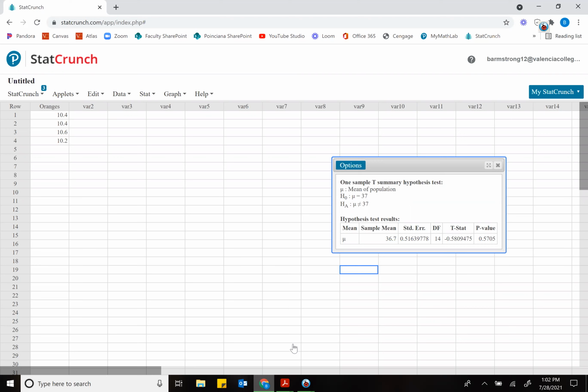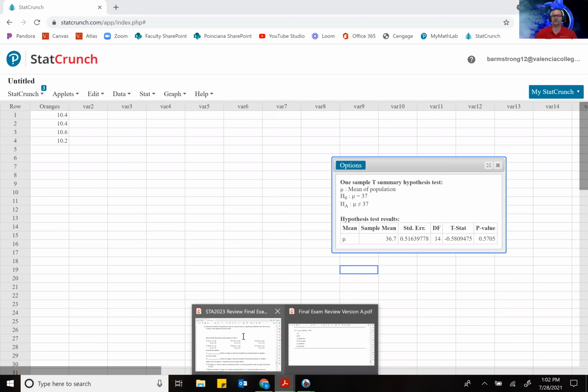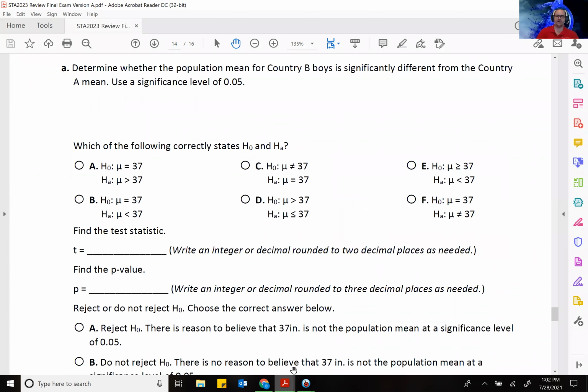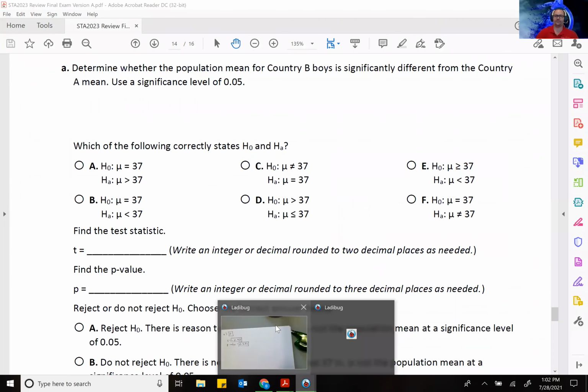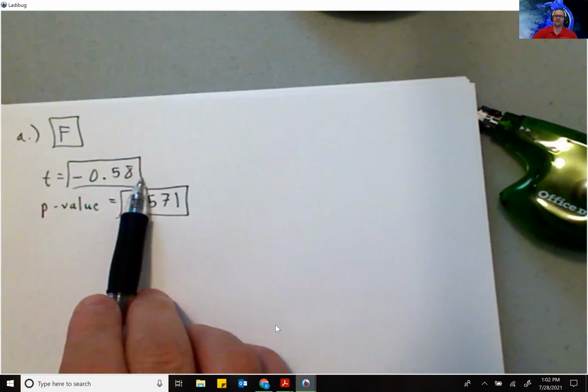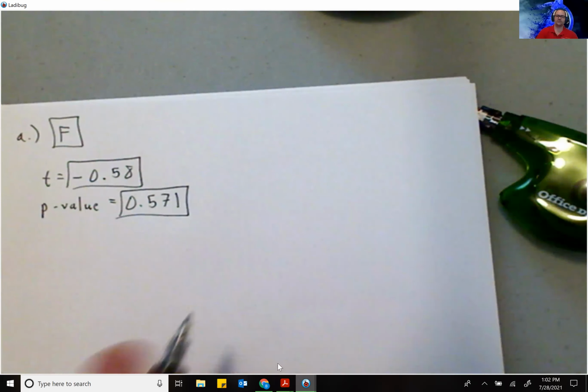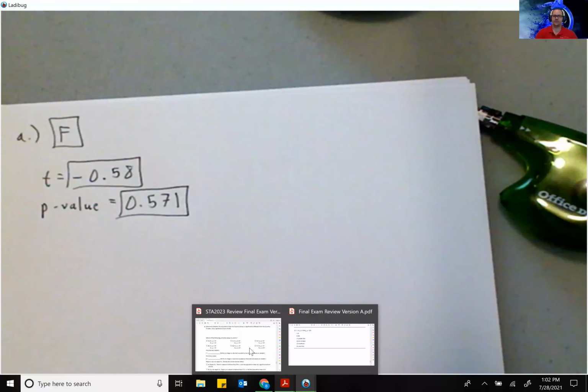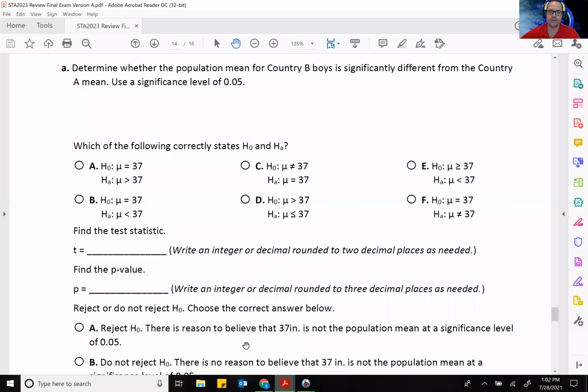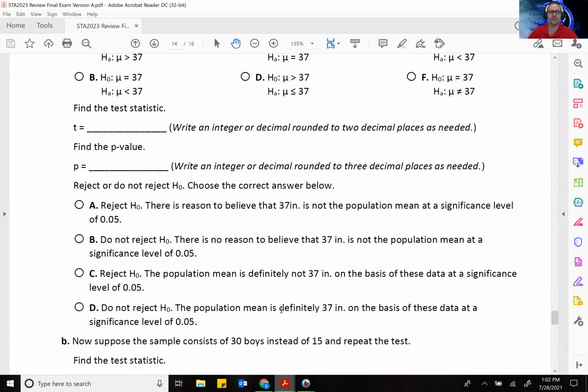All right. So our t-value, again, from what we just looked at, is negative 0.58, p-value 0.571. So now let's talk about this.